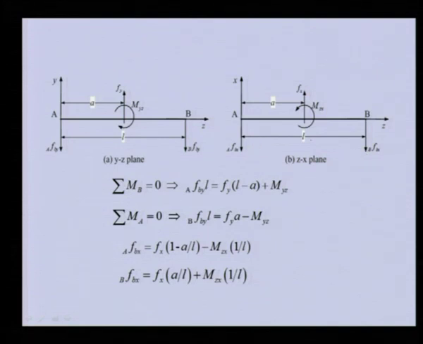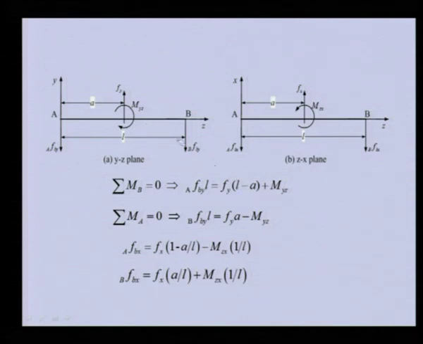Now we can take the equilibrium of each of these free body diagrams. In the yz plane we can take the moment about point B. This particular force will give a moment, and that is balanced by the moment from the reactions from the disc and this moment.